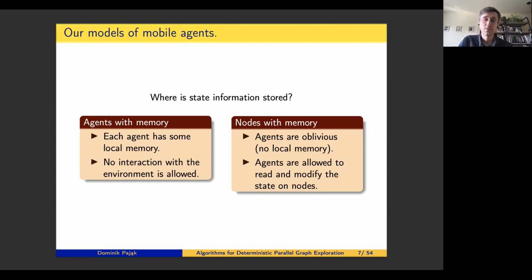In the first part of the talk, we'll talk about the model where the agents have memory, and in the second one, the model where the nodes have some memory, in the sense that the agents can interact with the environment. The second model is more like a process, where the environment is directing the agents, and the agents have somehow no freedom. They just follow the directions of the environment.